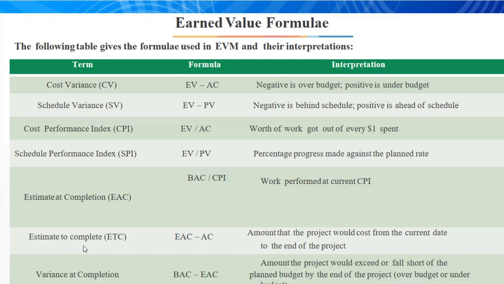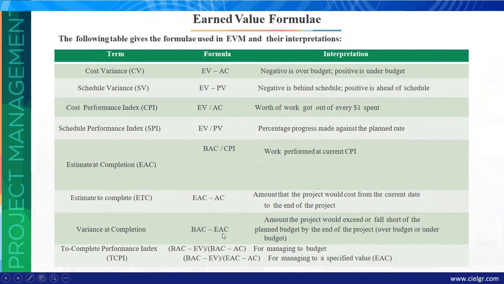That's why I said that estimate at completion is the amount of money we need to complete, or rather to carry out the forecast that we are making that will require to do this very project. Variance at completion is our budget at completion minus our estimate at completion. So this is the amount the project would exceed or fall short of the planned budget by the end of the project.